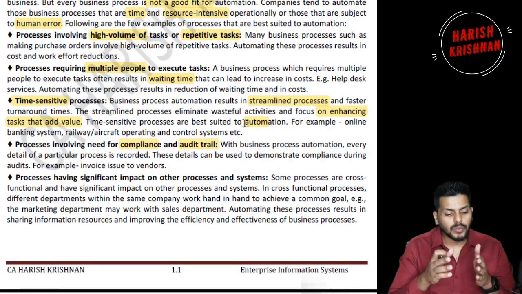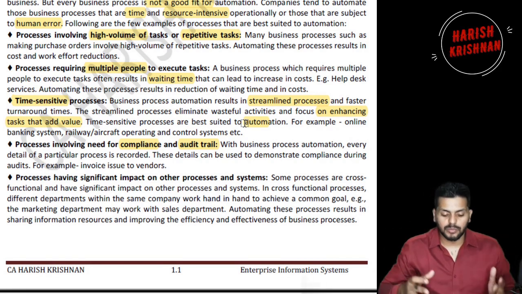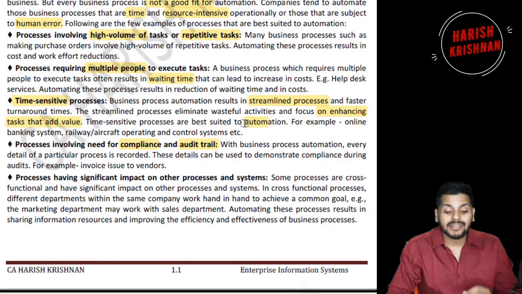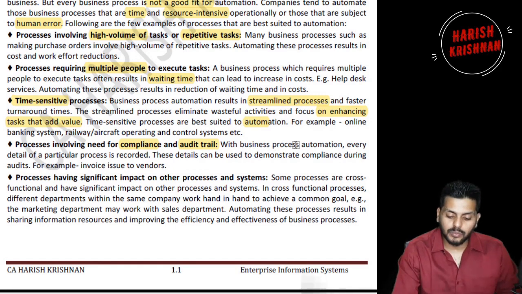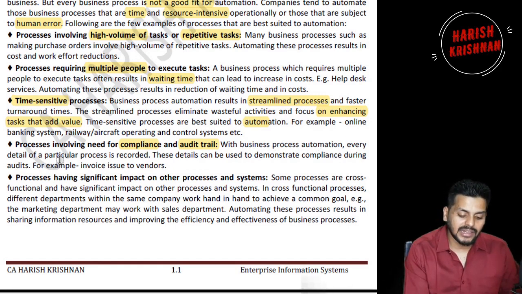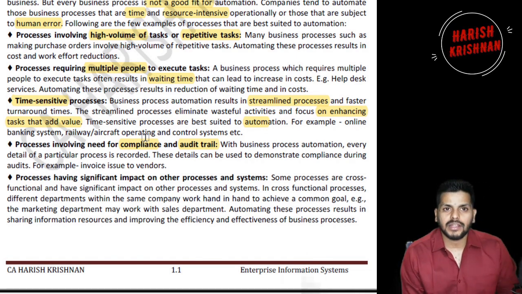Such processes where you want to know from beginning to end, you need a complete flow of those processes, and if it requires strict compliance to laws, then you need to automate those processes. With business process automation, every detail of a particular process is recorded. These details can be used to demonstrate compliance during audits. So for example, issue of invoices to vendors. Is there a process for issuing invoices to vendors?